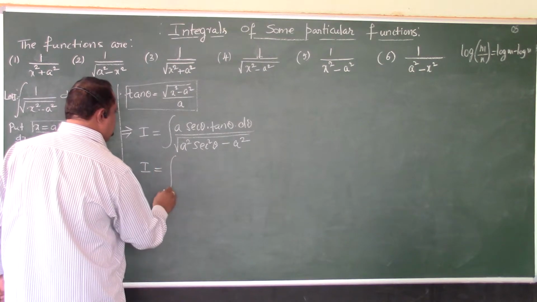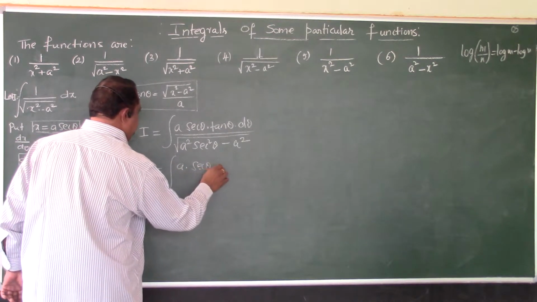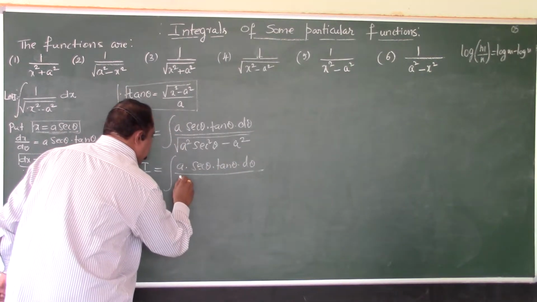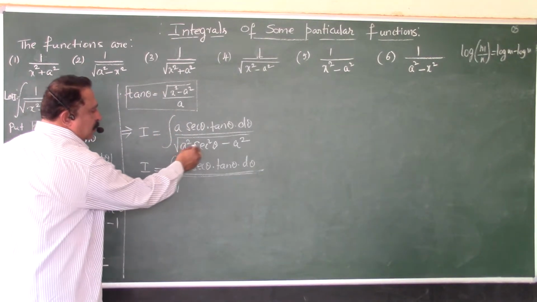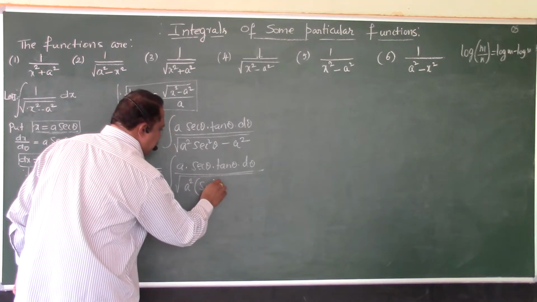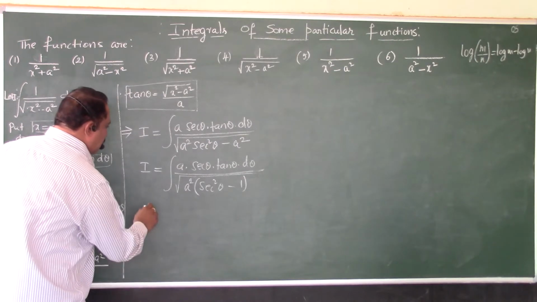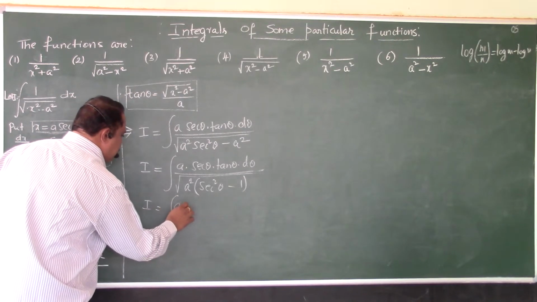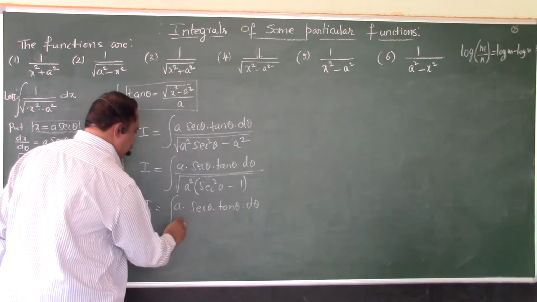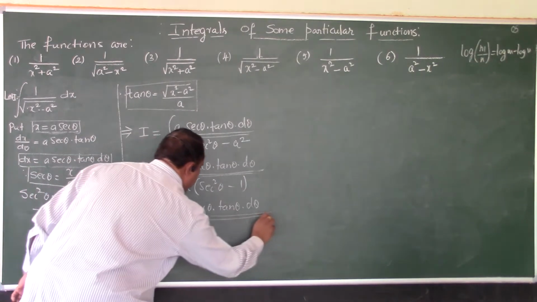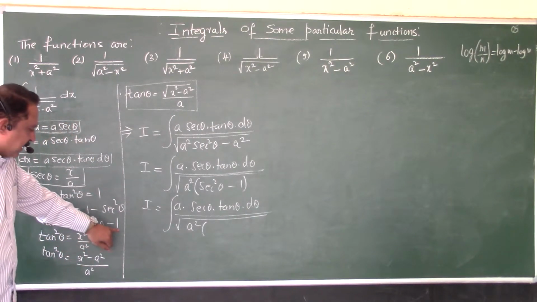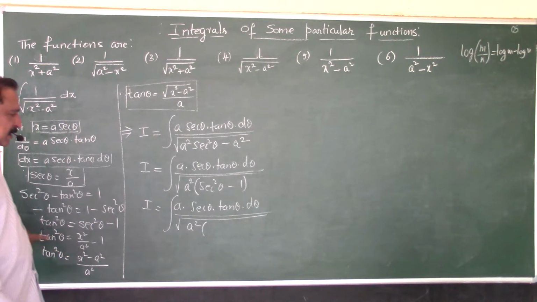Now simplify this further. Numerator is a secant theta tan theta into d theta, divided by, a square is a common factor in the denominator. Both the terms have a square. Take a square common: a square into secant square theta minus 1. Secant square theta minus 1 is tan square theta.